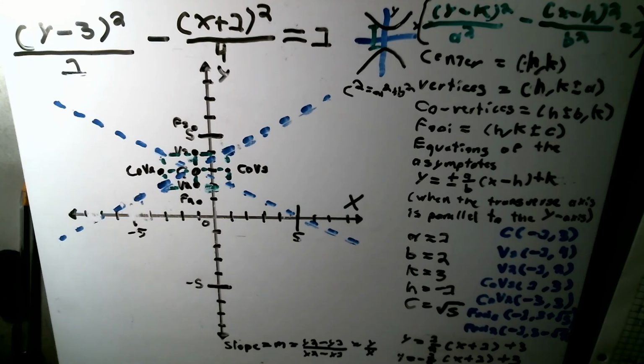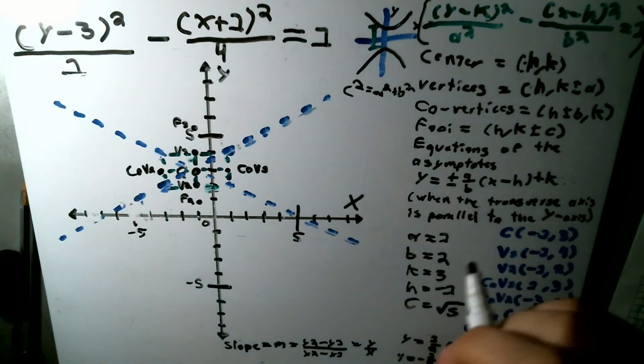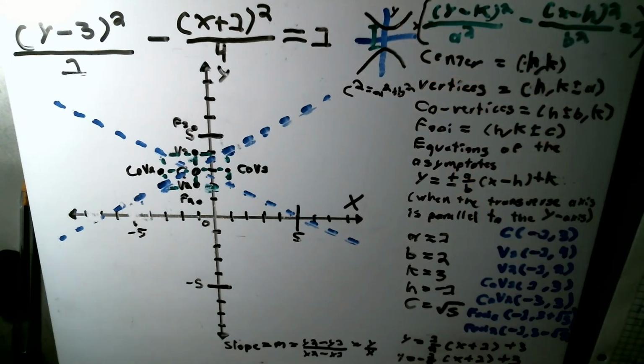Okay, so yeah, you had the asymptotes. It has to be like this because the transverse axis is parallel to the y-axis.